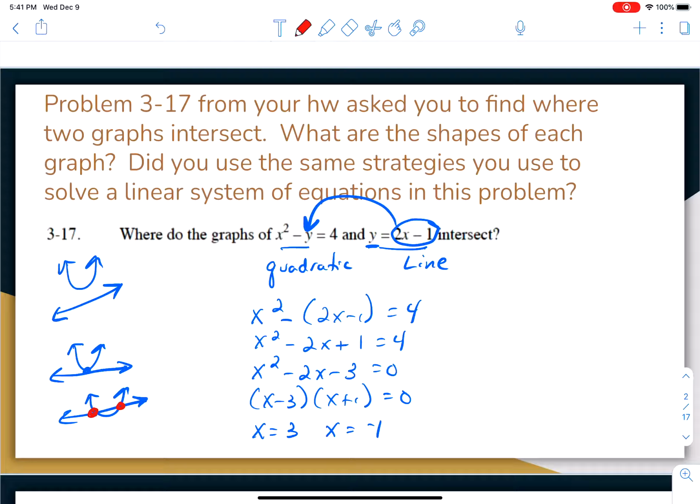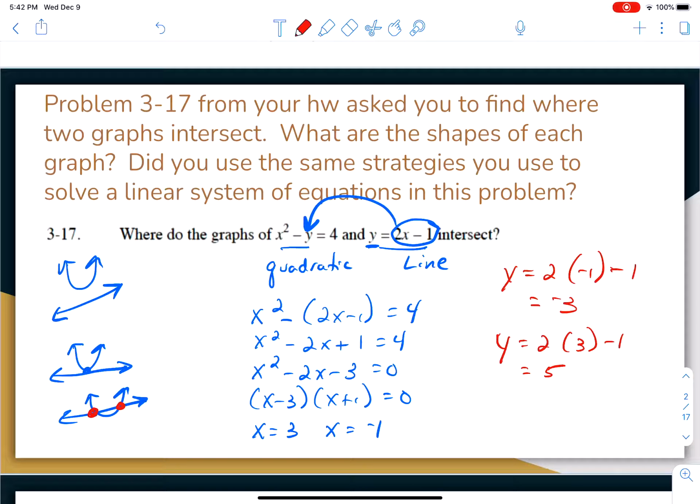So if x is equal to negative 1, I substitute negative 1 in for x. And I get y is equal to negative 3. If x is equal to 3, I get 5.